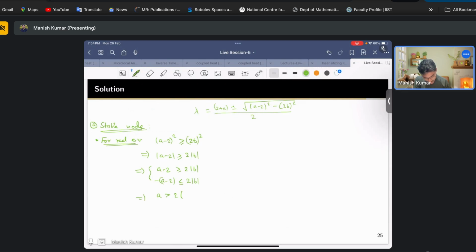So here you will get a greater than or equal to 2 times 1 plus mod b, and here I'll remove the mod, and I'll get a less than or equal to 2 times 1 minus mod b.